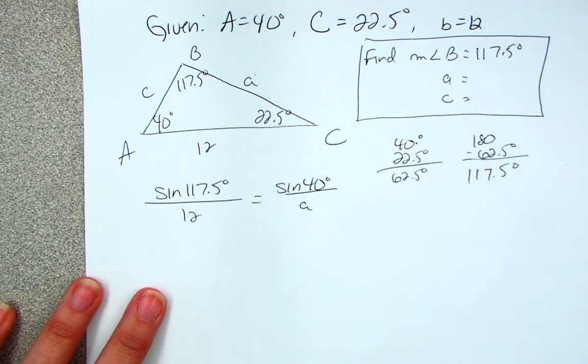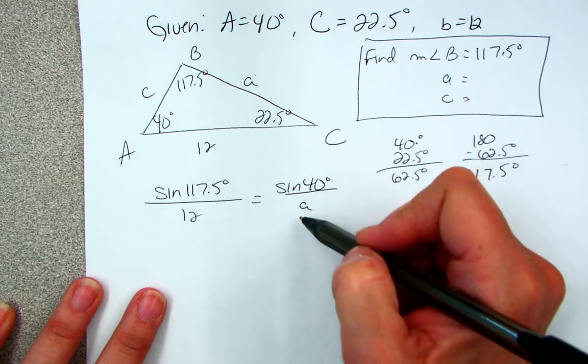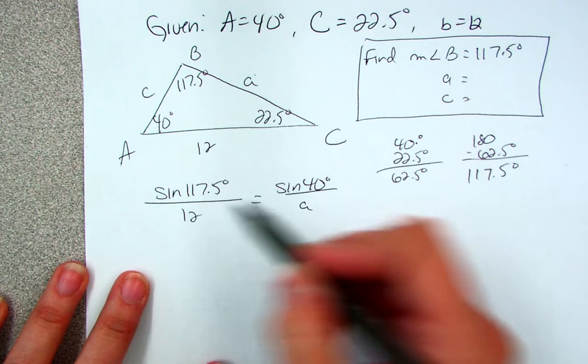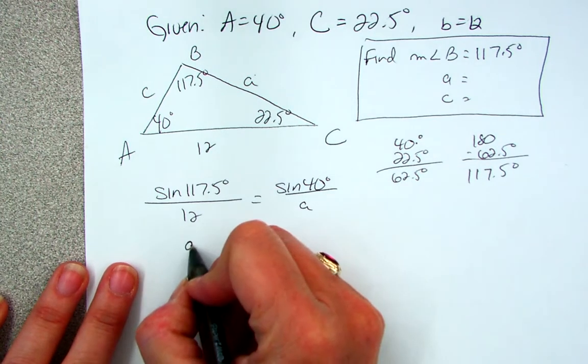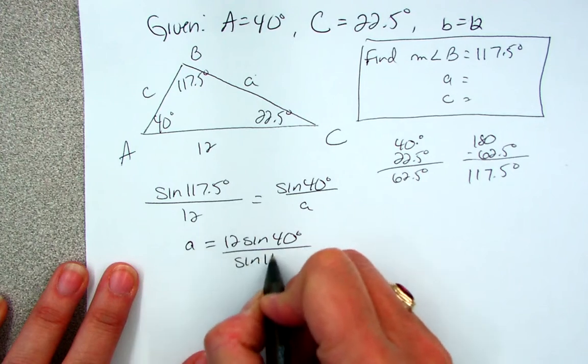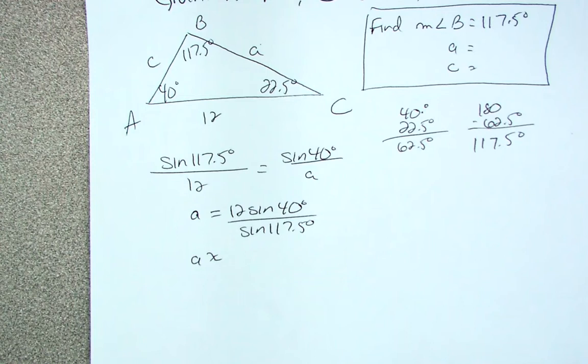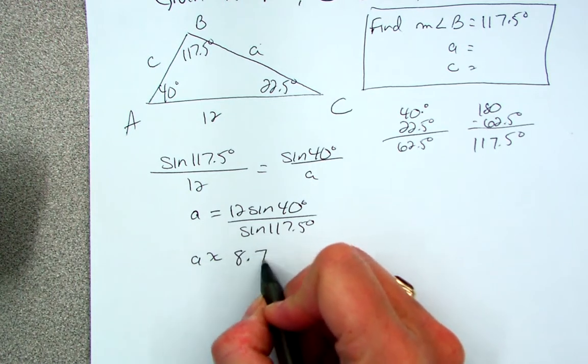I was kind of saying it in my head. I was telling myself, make sure I focus on B's, make sure I focus on A's. If you can't keep that focused in your head, you need to write that generically. Now I'm going to isolate my A. Is this what you got?